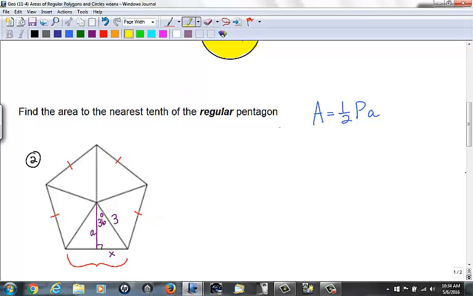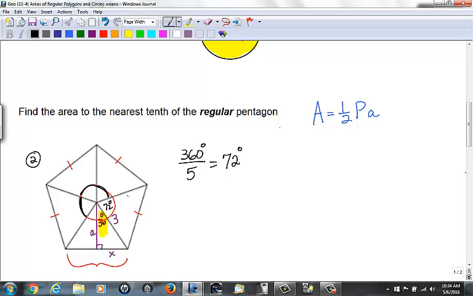To figure that, I've given you an angle here, and you have to know how they figure that angle. What I always do on a pentagon is draw a circle in the middle. All the way around is how many degrees? For a circle, 360. So if I take 360 degrees and divide it into 5 sections, I end up with 72 degrees. Each one of these is 72 degrees.